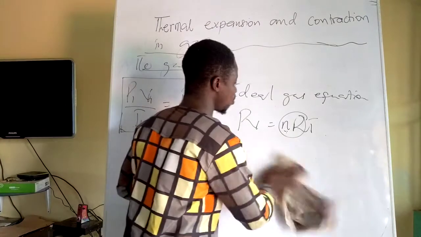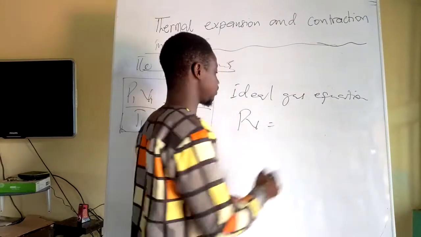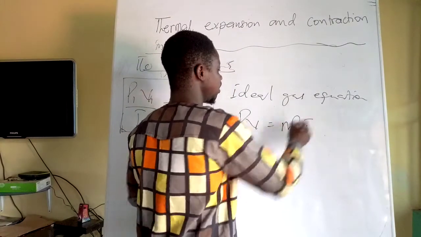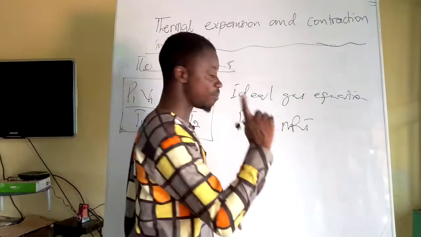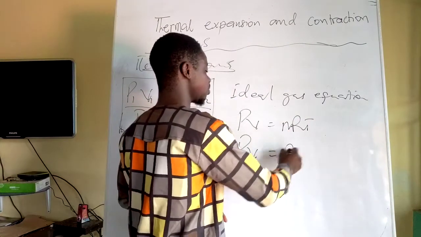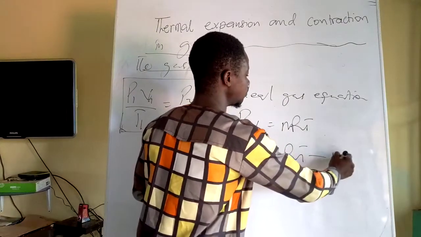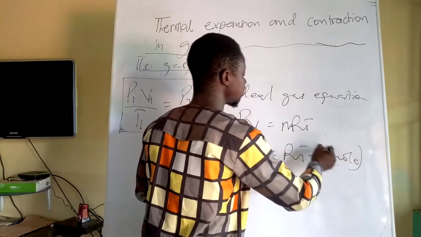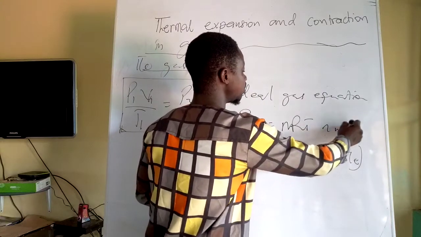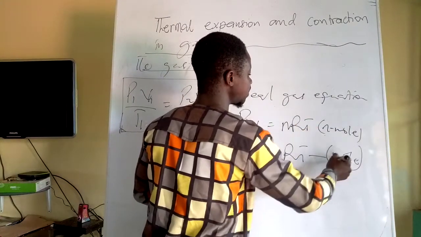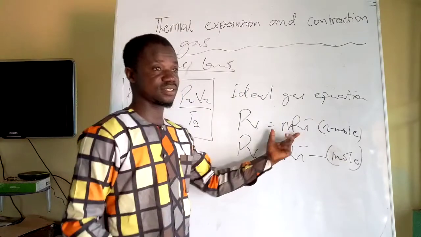This is what we call the ideal gas equation. For 1 mole, PV is equal to RT. For n moles of a gas, the formula is given as this.